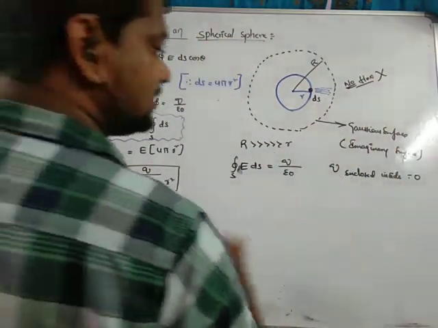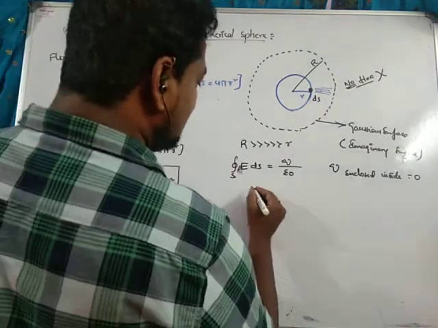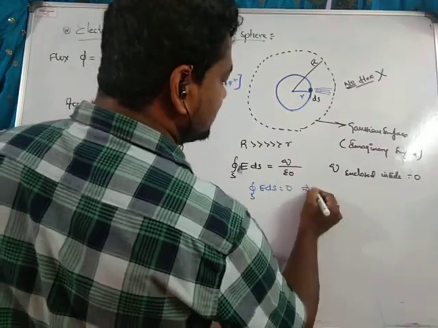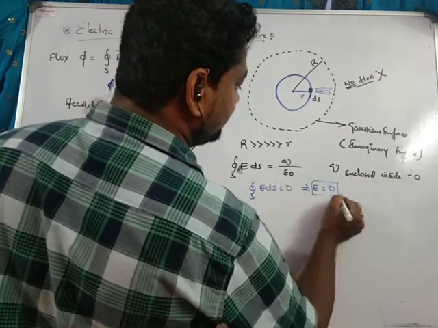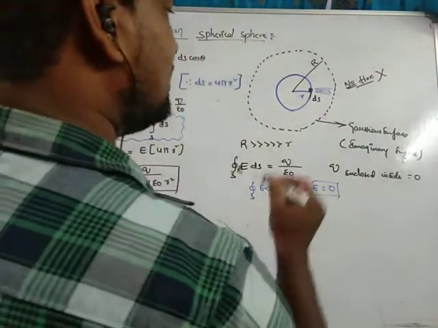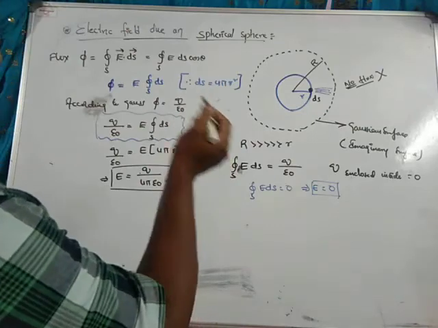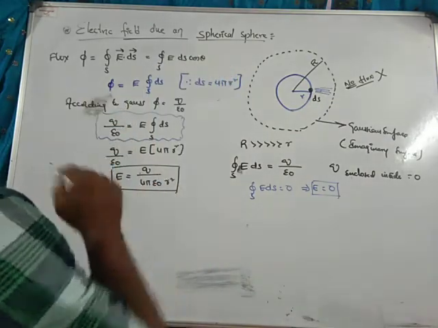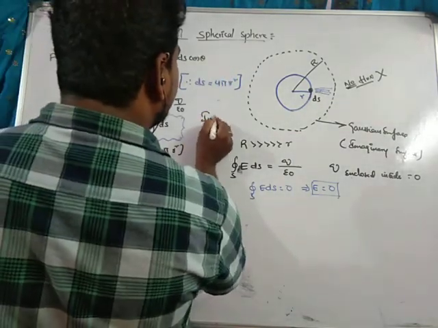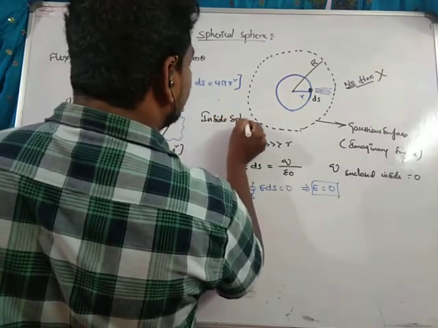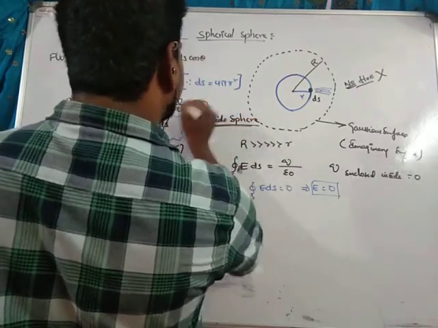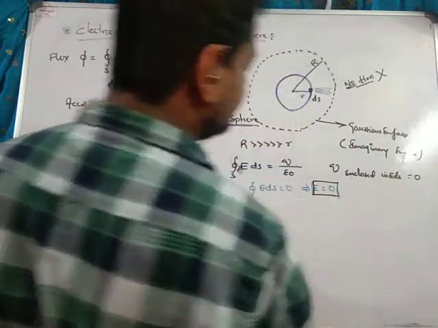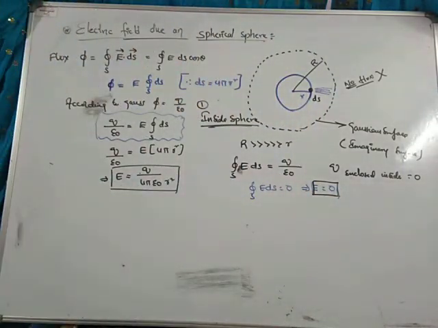So the integration of E ds is equal to 0, which implies the electric field is equal to 0. Whenever we consider a field inside, the Gaussian surface will be outside and the sphere will be inside. So for the first case, inside the sphere, the electric field is equal to 0.